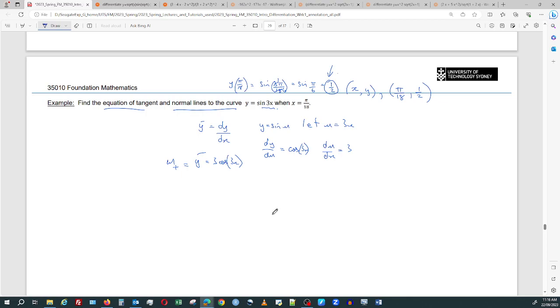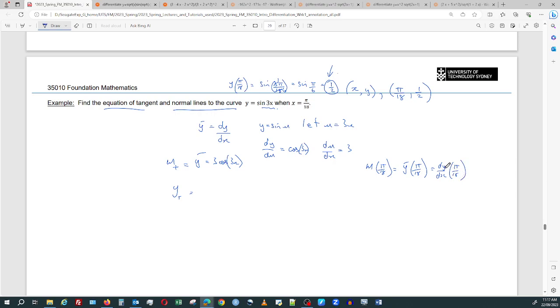So we've got enough now to go ahead and work out our tangent. We've got y minus y1 is equal to our gradient. Oh, we didn't do the gradient yet. So let's do that. Let's do m at pi on 18, which is the same as saying y dash at pi on 18, which is the same as saying dy/dx at pi on 18.